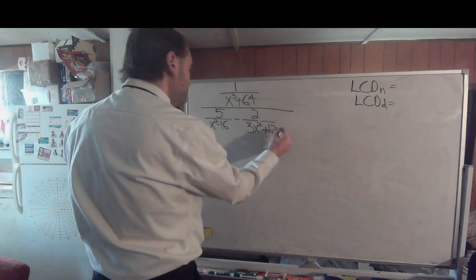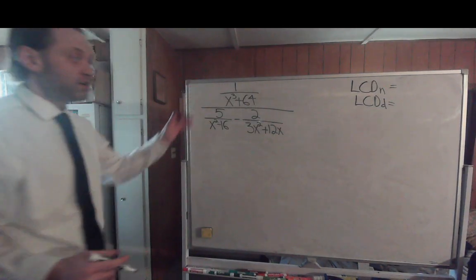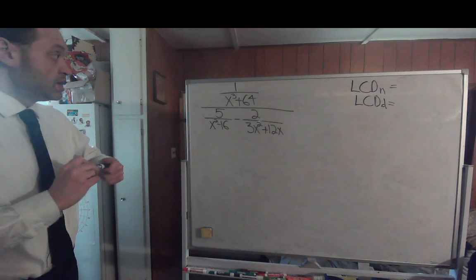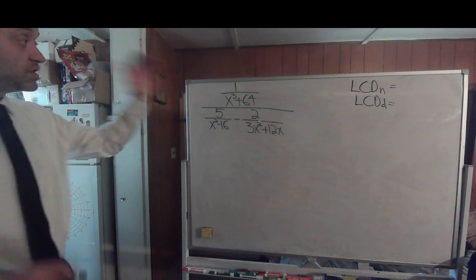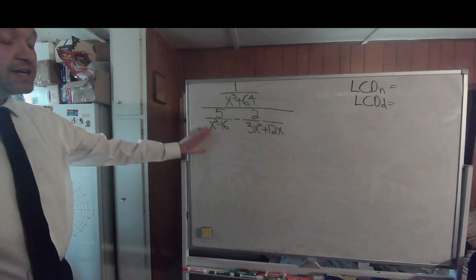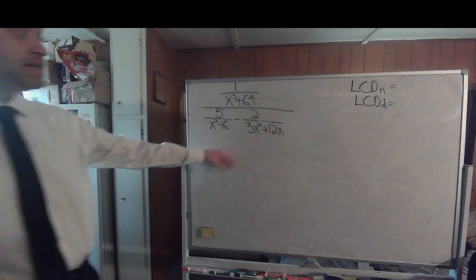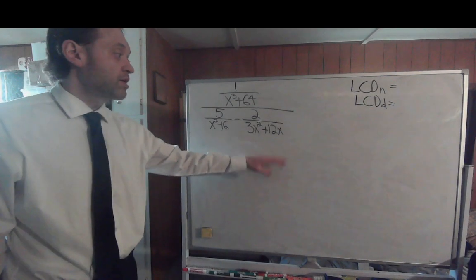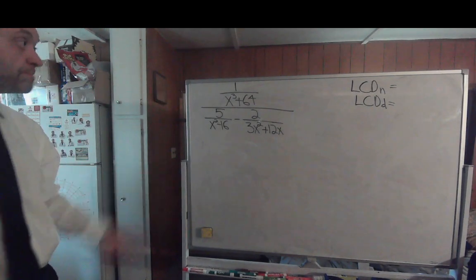So we have a bit of a mess here. We have these all over the place. So we have 1 over x cubed plus 64, that whole denominator, over 5 over x squared minus 16 minus 2 over 3x squared plus 12x.